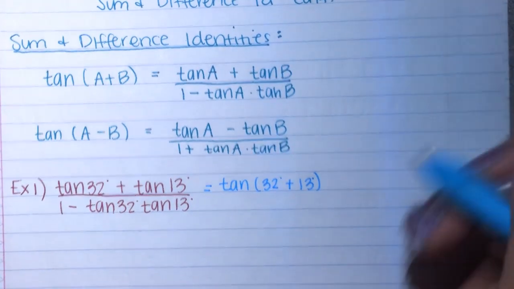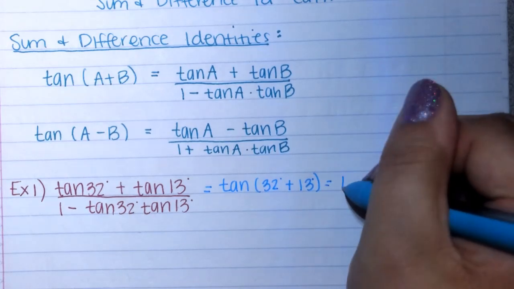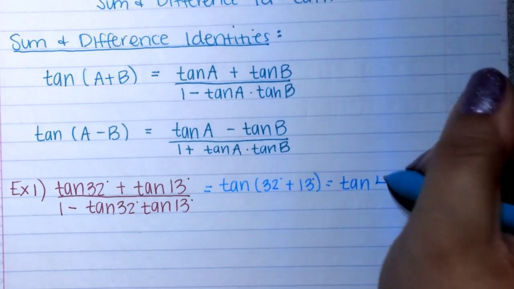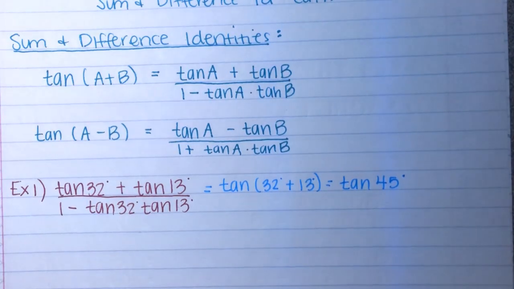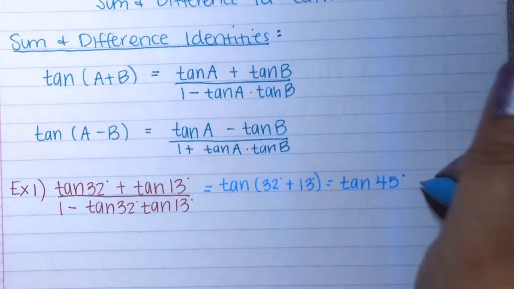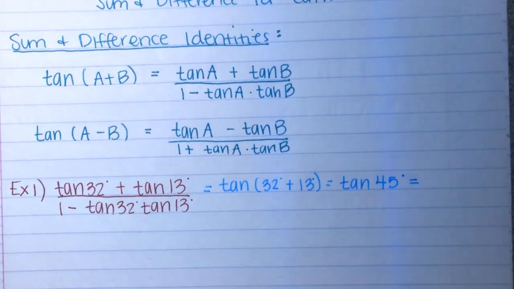And what's 32 plus 13? Also, what's 32 minus 13? It's not on my unit circle, so I'm not going to do it. And what is the tangent of 45? Bam.